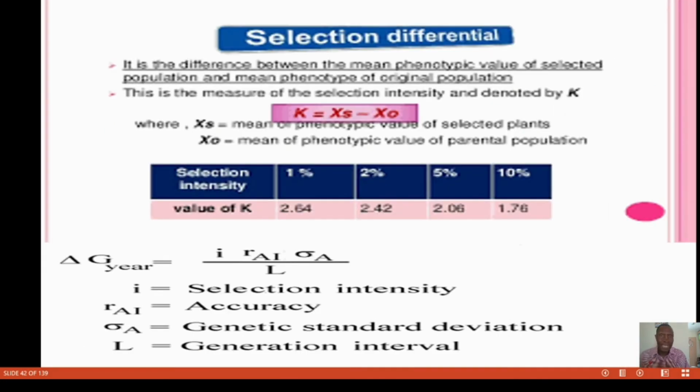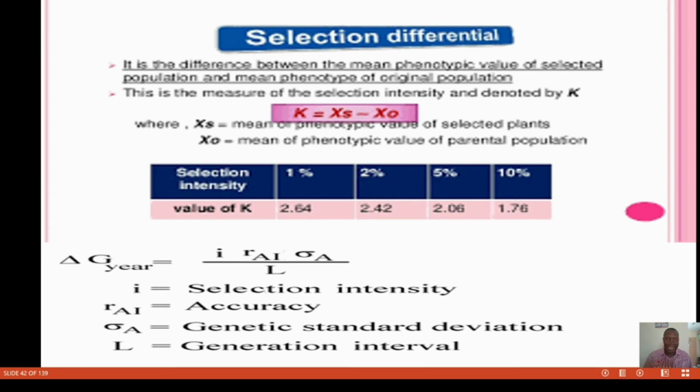So let's look at what selection differential means. The selection differential is the difference between the mean phenotypic value of the selected population and the mean phenotypic value of the original population.